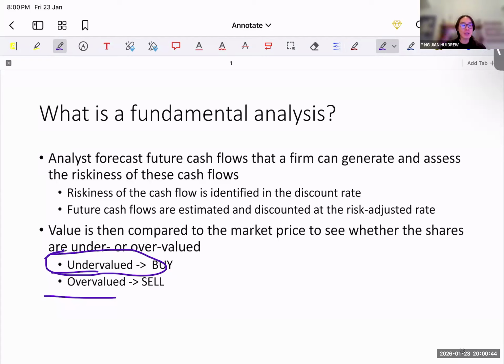Now, it's not as important to forecast the discount rate, right? The discount rate has to be risk adjusted. We'll talk about it in detail in the next few lectures, but we need to determine the right discount rate to use. So both the numerator and denominator play an important role in your valuation.